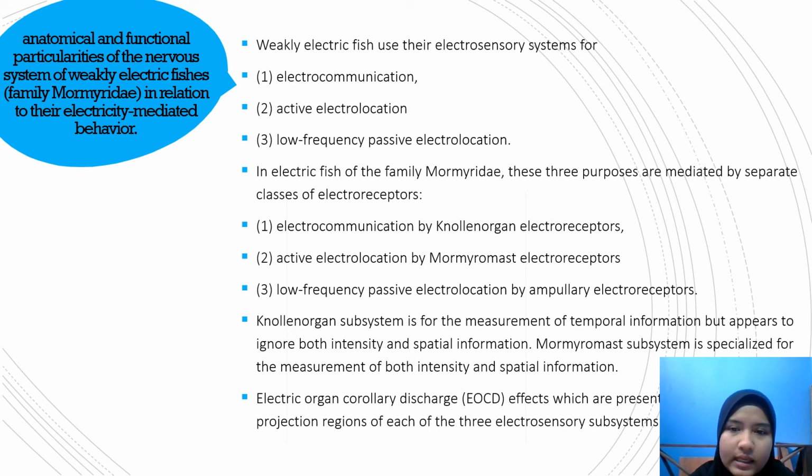These EOCD effects are driven by the motor command that drives the electric organ to discharge. The EOCD effects are different in each of the three subsystems, and this difference reflects differences in both the pattern and significance of the sensory information that is evoked by the fish's own electric organ discharge.